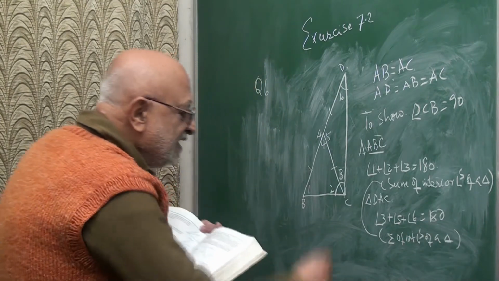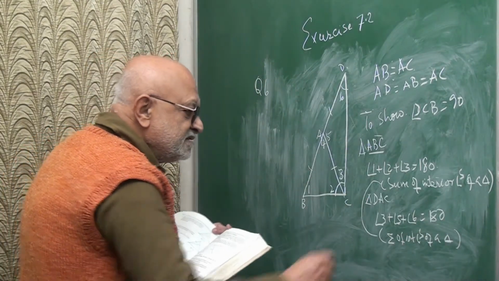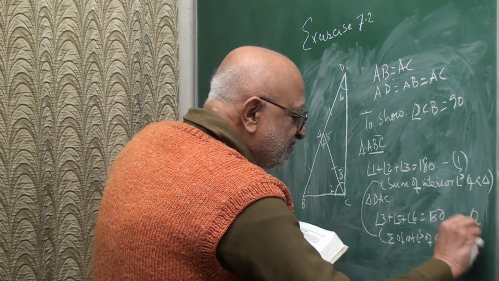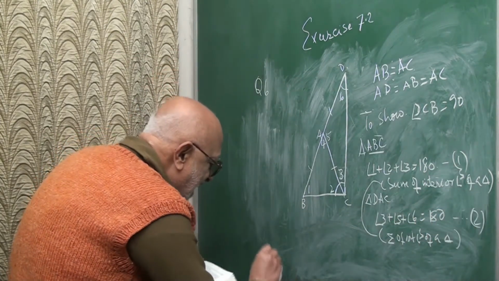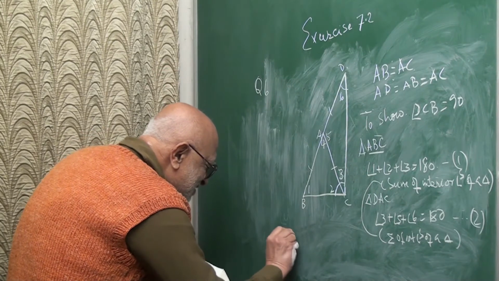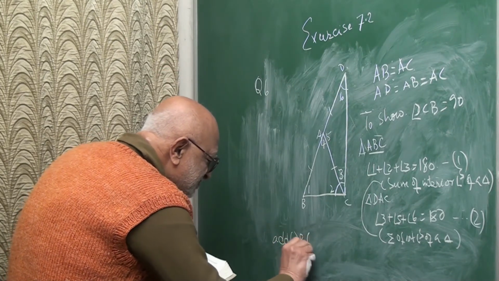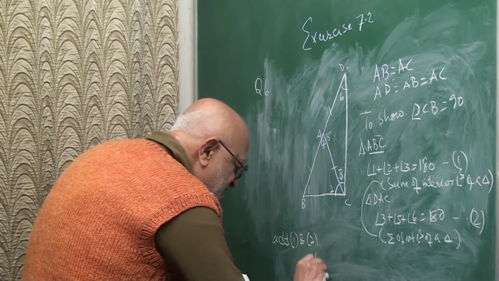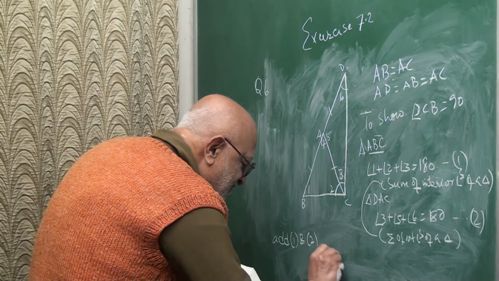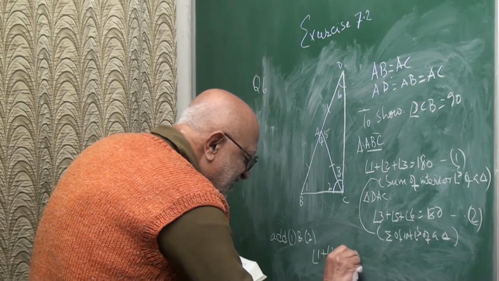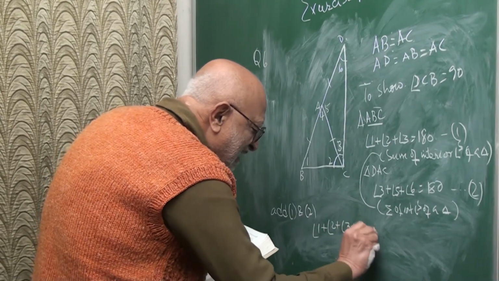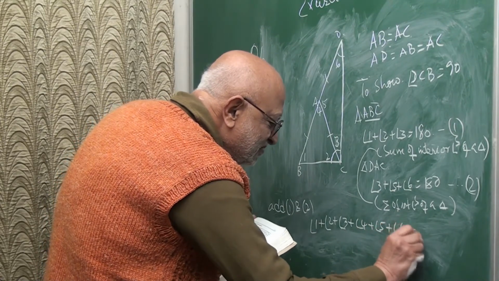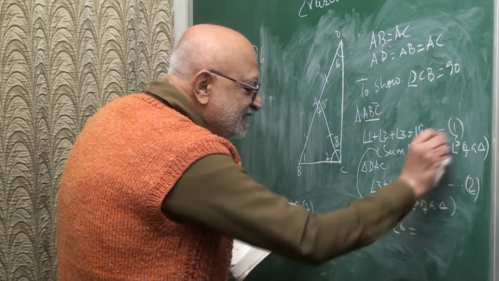Done? Let us add these two together, that means equation number 1 and equation number 2. Add 1 and 2. What do I get? I get the whole thing: angle 1, angle 2, angle 3, angle 4, angle 5 plus angle 6. That is equal to 180 plus 180, 360.